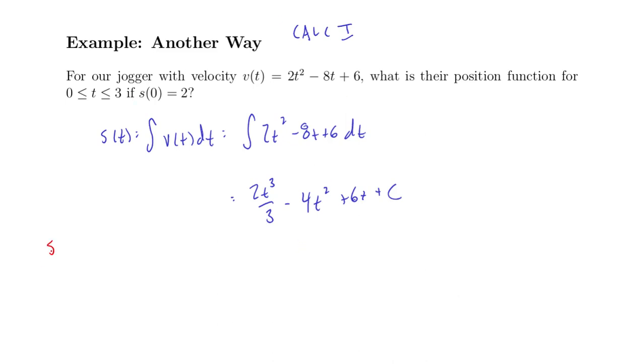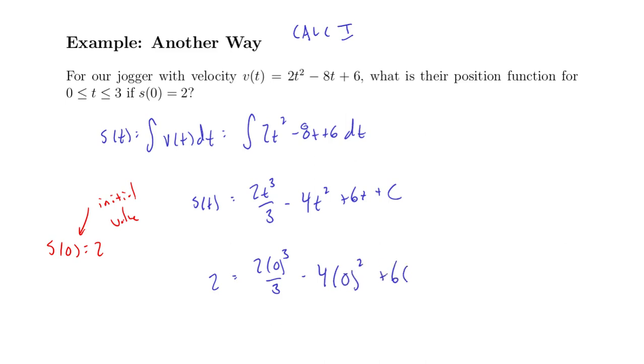And then we'll say, wait a second, we also know that s of 0 equals 2. This is our initial value. So if this is the form of our position function, let's just plug in 0 and set the whole thing equal to 2. And here we can see very easily that our constant is equal to 2.